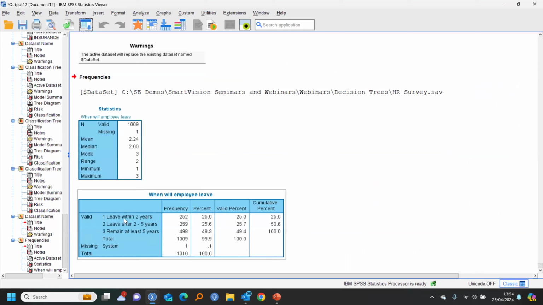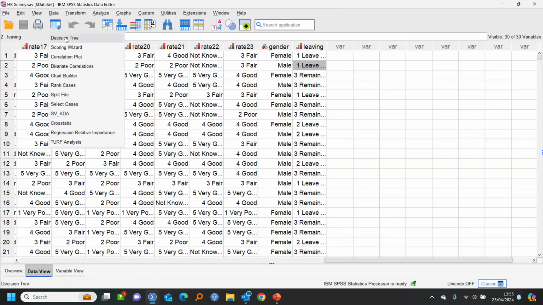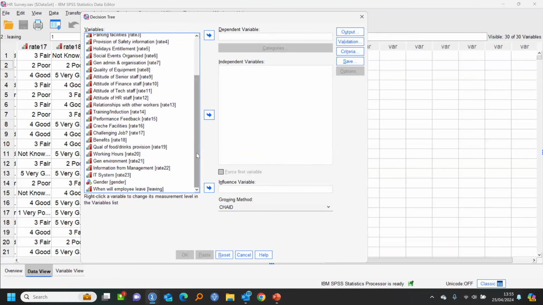This is a survey, and we're asking people in the HR survey here, how long do you think you're going to remain an employee in this anonymized HR survey? And we can see there are 3 groups: leave within 2 years, leave after 2 to 5 years, or remain at least 5 years. So these are the 3 groups that we've got. And we can build a decision tree using that instead.